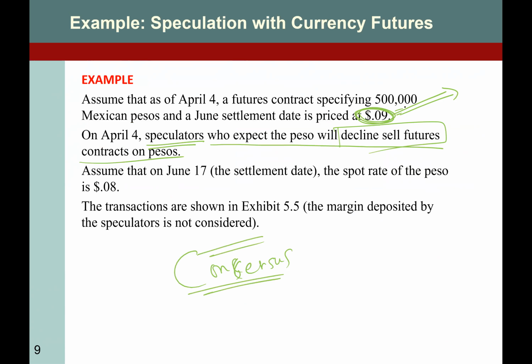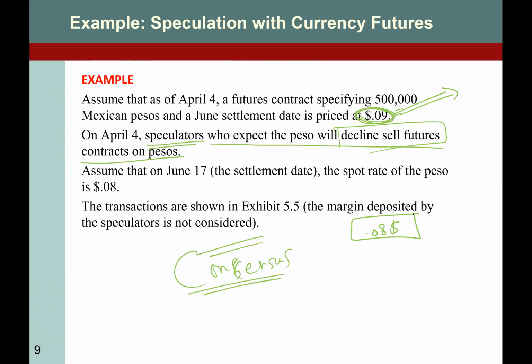Because then everybody has the position that it's going to decrease, and everybody is looking to make some profit. Only the minimum number of contracts will be present like this.